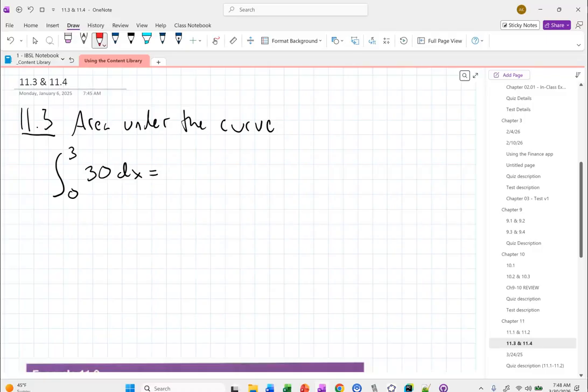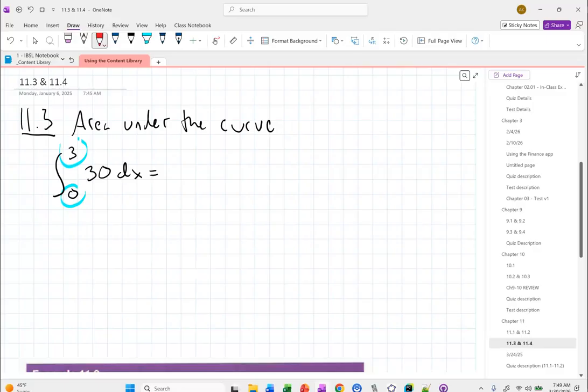How do I know it's a definite integral? Has the bounds of integration on there. That means it's a definite integral, which means that my answer here should be a number, not a function.